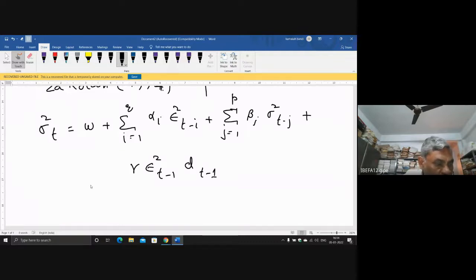As defined earlier in the previous one, d t equals 1 if epsilon t is negative, equal to 0 otherwise.